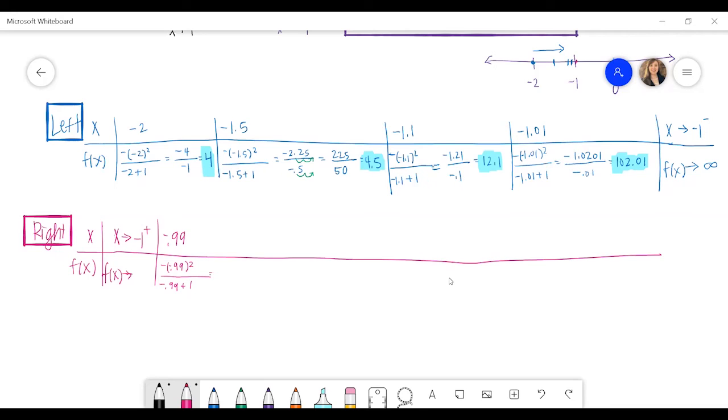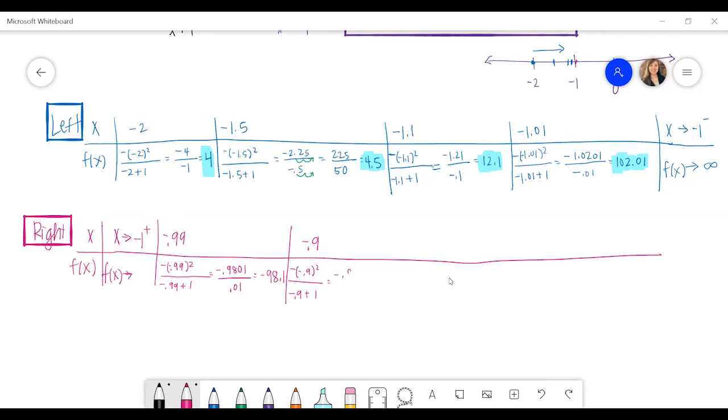So this gives us negative 0.9801 divided by 0.01. We get a negative 98.01. Okay, and then negative 0.9, so negative 0.9 squared, negative 0.9 plus 1.